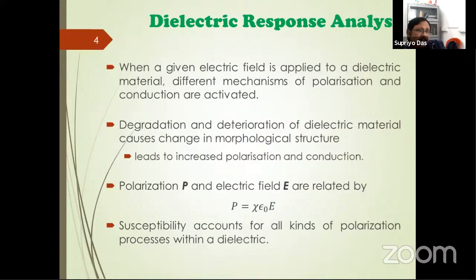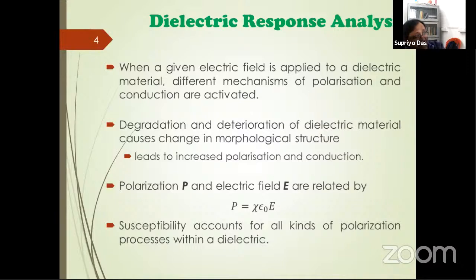So coming to dielectric response analysis, what is this? Whenever we apply electric field to a dielectric material, different mechanisms of polarization or conduction are activated. Now, when a new sample is there, we apply a field, there will be polarization as well as some conduction.